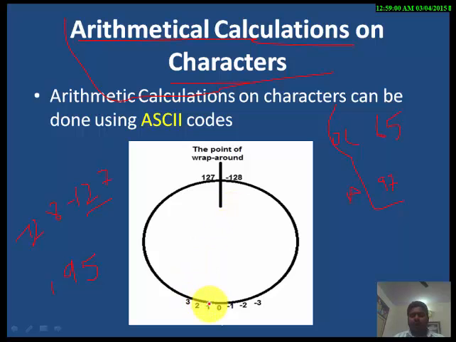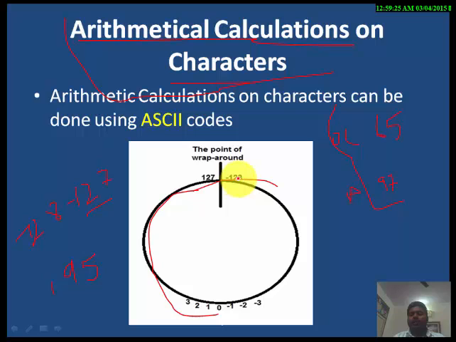So what will happen? From 0 to 127 it will follow this path, but after 127 the number is 128, and we do not have 128. The range is this range only, so it will start counting from the negative side. Means for 128, the value is minus 128.